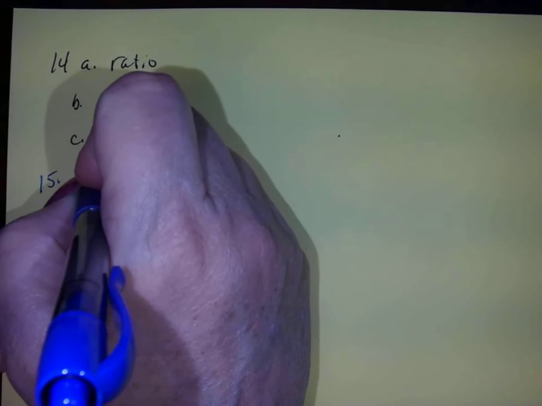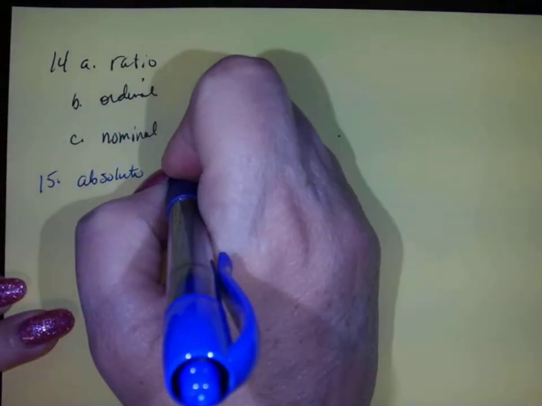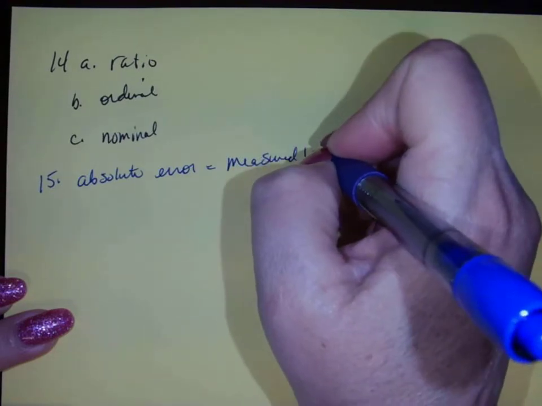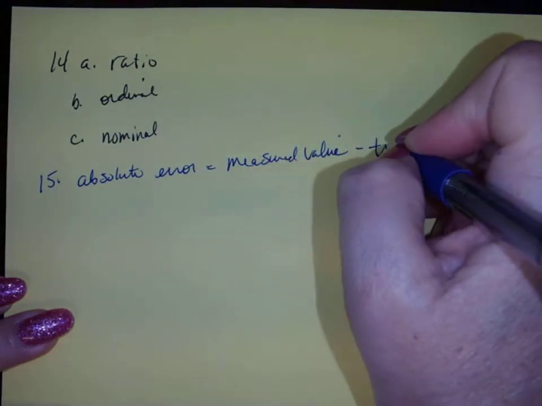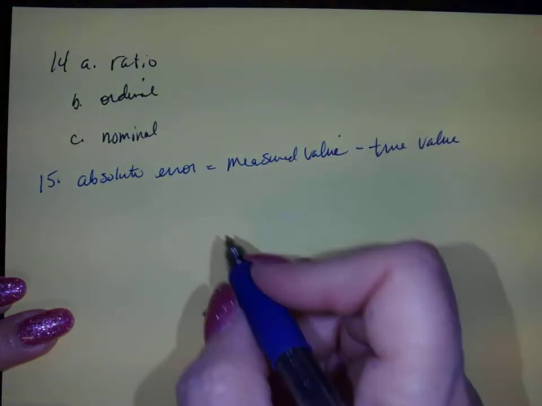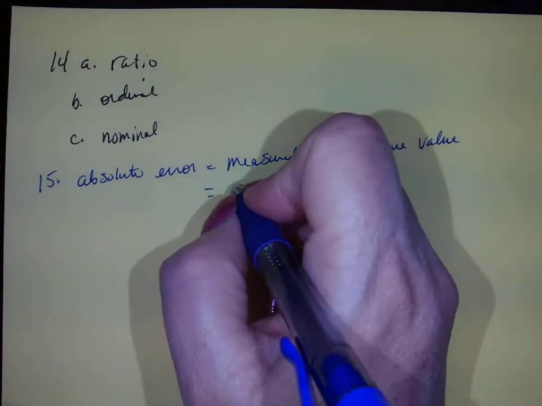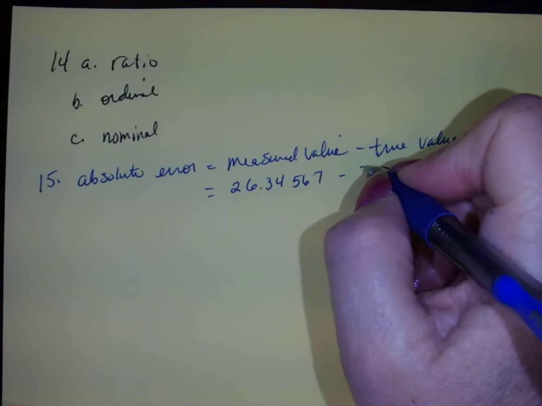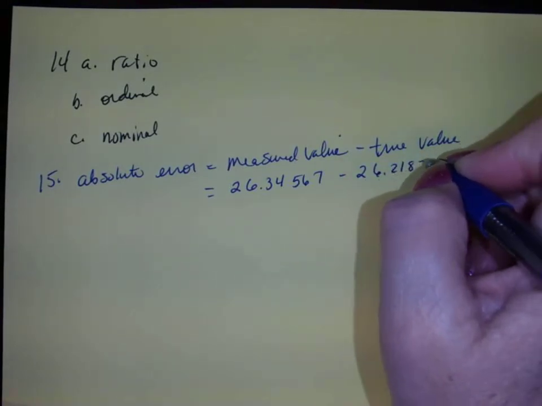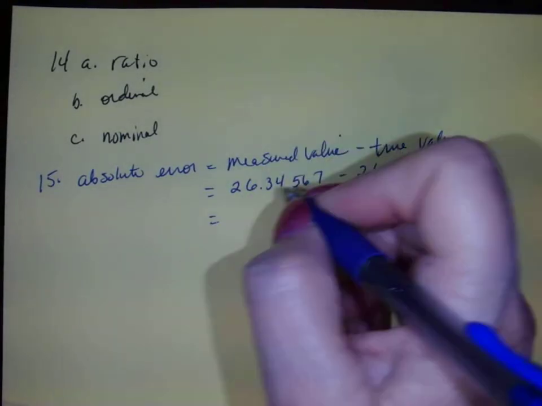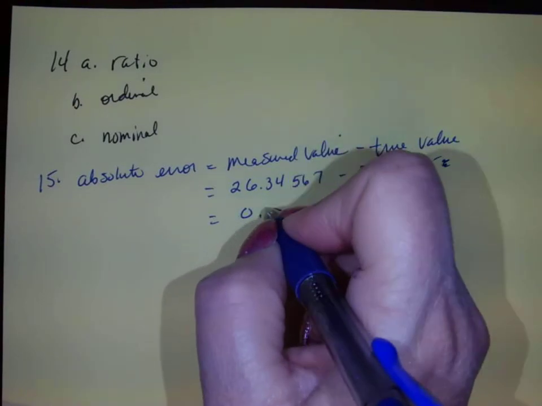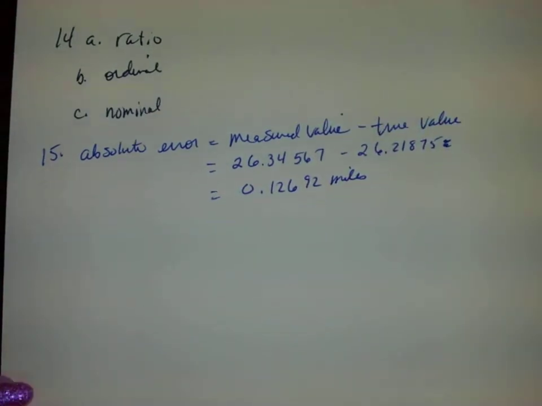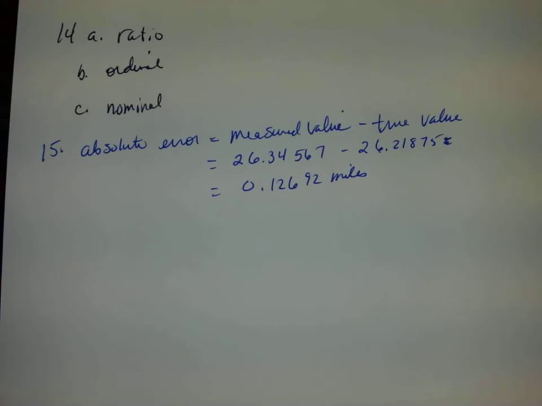So the absolute error will be equal to the measured value minus the true value. In our case, the measured value is what the city did, and then we subtract out the true value of what a marathon actually is. And we end up with 0.12692 miles. So not that far off, but it's still not the exact value.